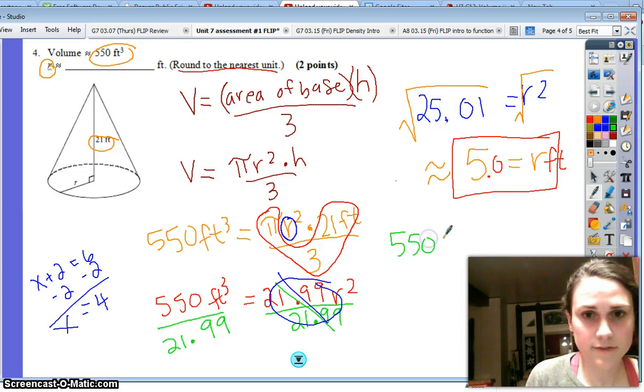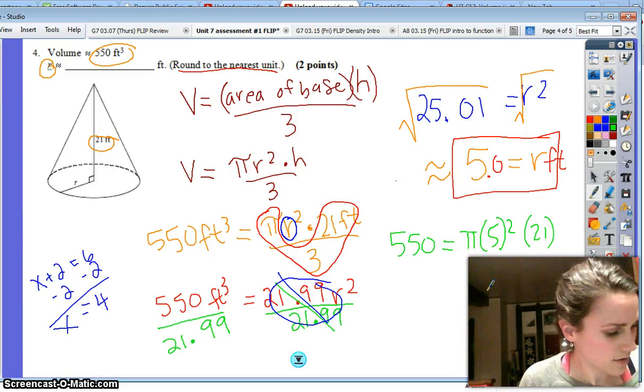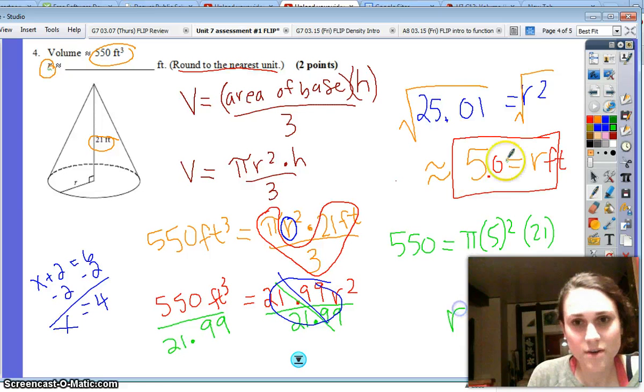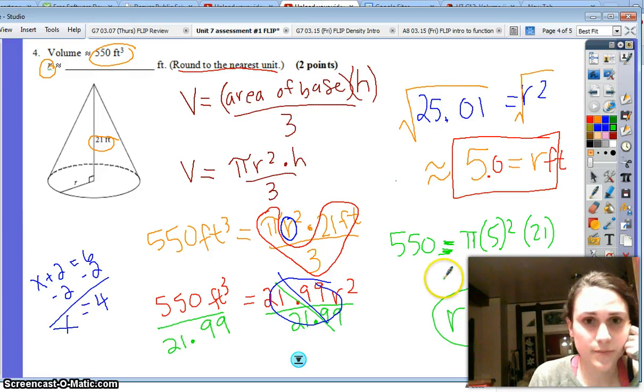Does 550 feet cubed equal pi times 5 squared times 21 divided by 3? 5 squared times pi times 21 divided by 3 equals, oh hey, it does. So I know that this value is correct. When I multiplied it out, I found a value of 550. I get a true statement: the left side equals the right side.